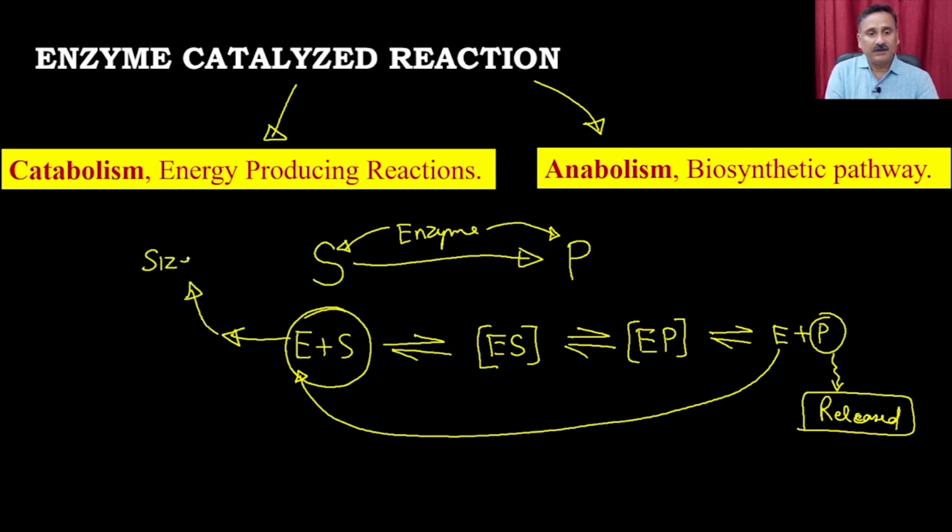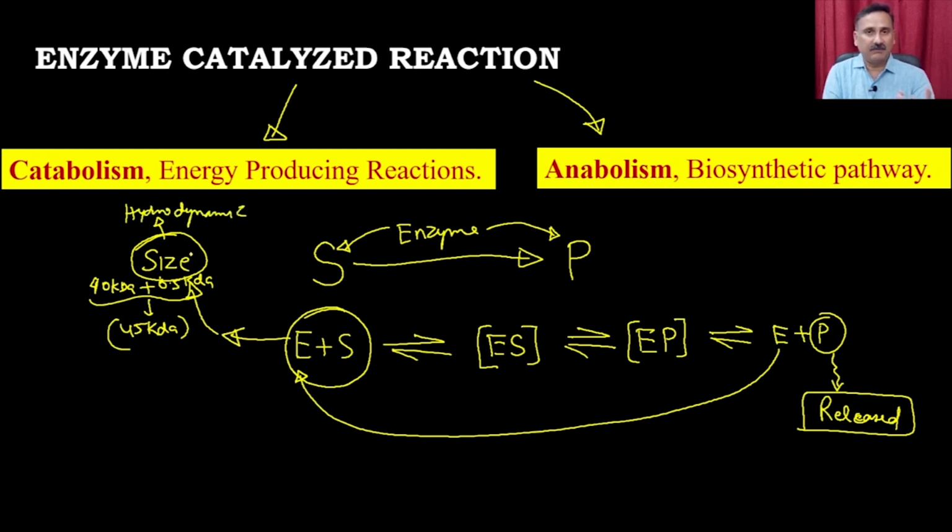Because you can imagine that the enzyme will probably be 40 kDa, and the substrate could be maybe 0.5 kDa. So ultimately it is going to be about 45 kDa when the substrate is reacting. So it is going to change the size. Not only the size, it is going to change the hydrodynamic surface area. So it is going to change the size in terms of increasing its diameter, and it is going to change the hydrodynamic surface area.